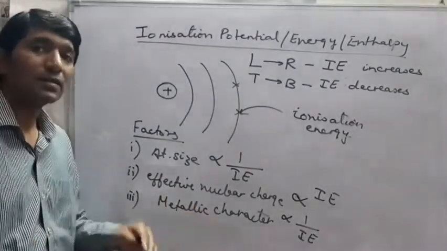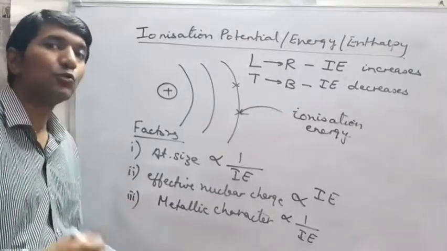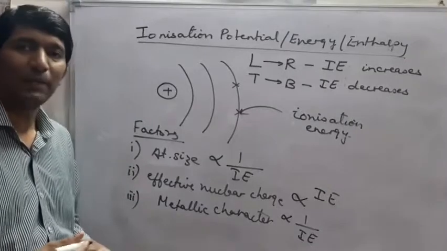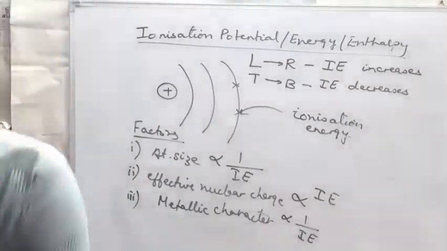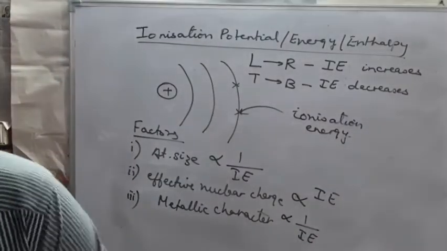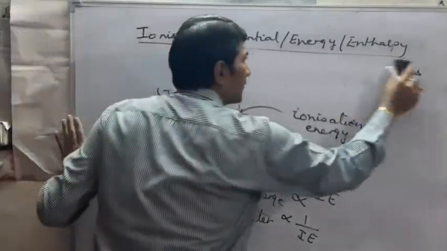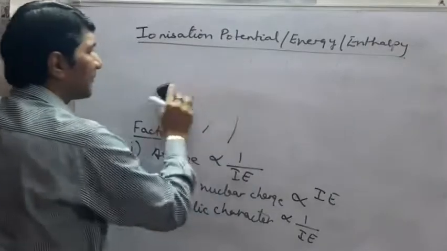Why? Because the metal has a tendency to donate electrons, so obviously the energy required will be less. Now moving on to certain other factors, let's come to the next factor, which is shielding effect.